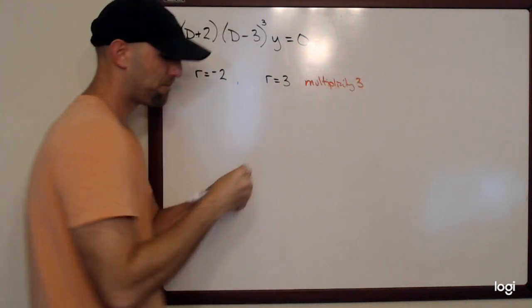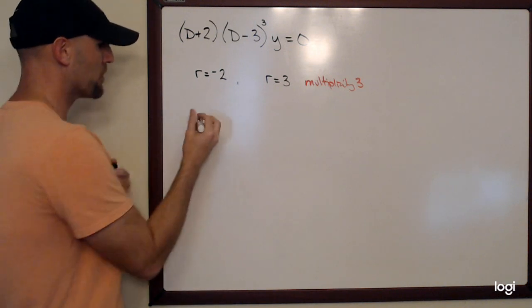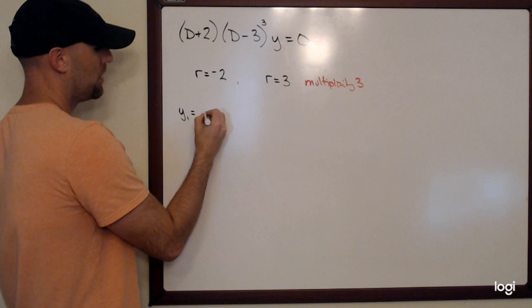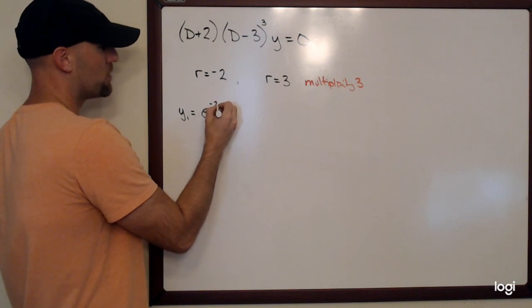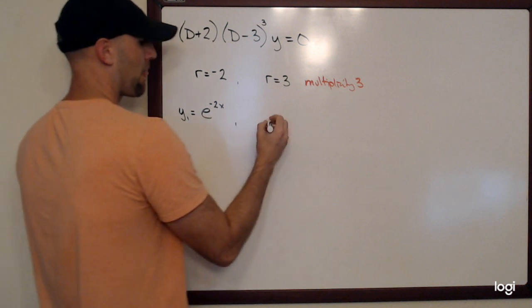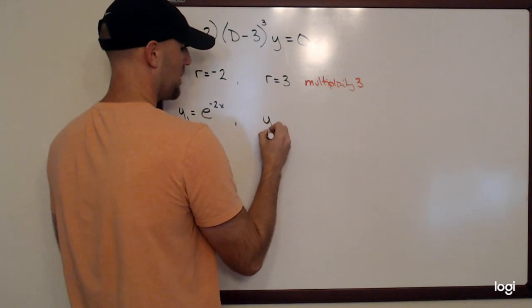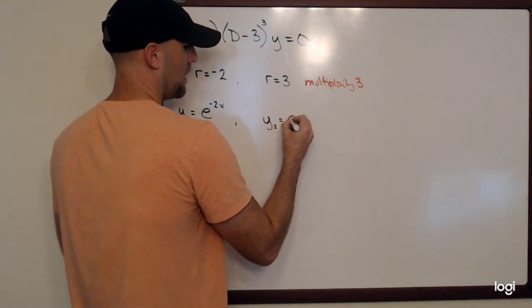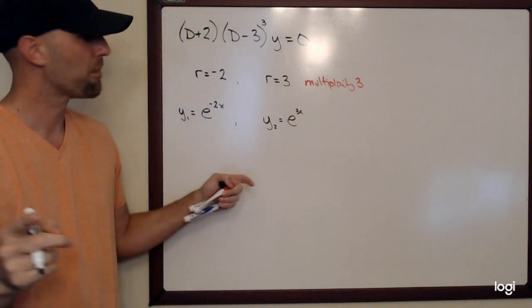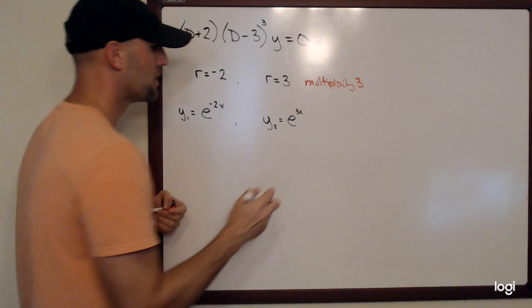Okay, so again, going back to my trial solutions here, I've got my first one, e to the negative 2x. Again, e to the rx. Here, I've got e to the 3x, but I need 3 solutions.